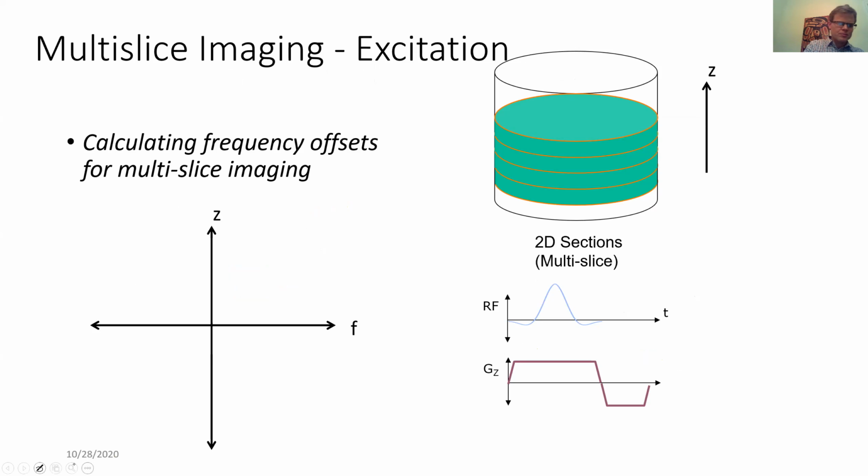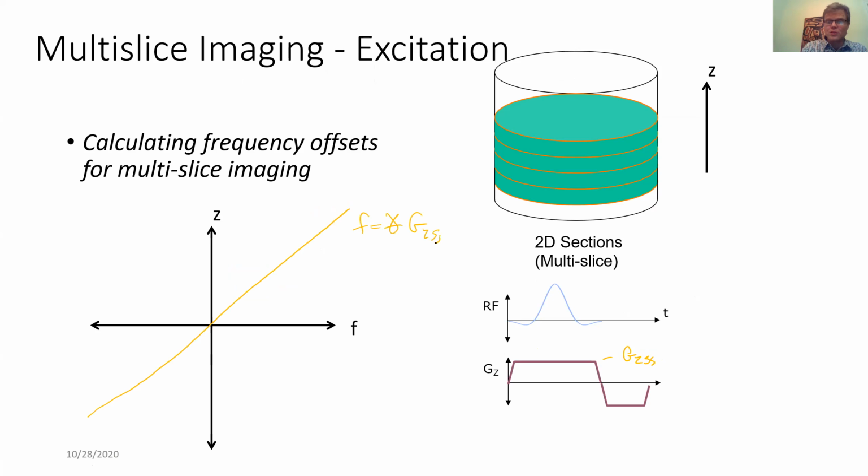Now for this problem, we're looking at what is the gradient amplitude we apply during our RF pulse that creates this frequency and position relationship that we're using a lot, where frequency is gamma bar.